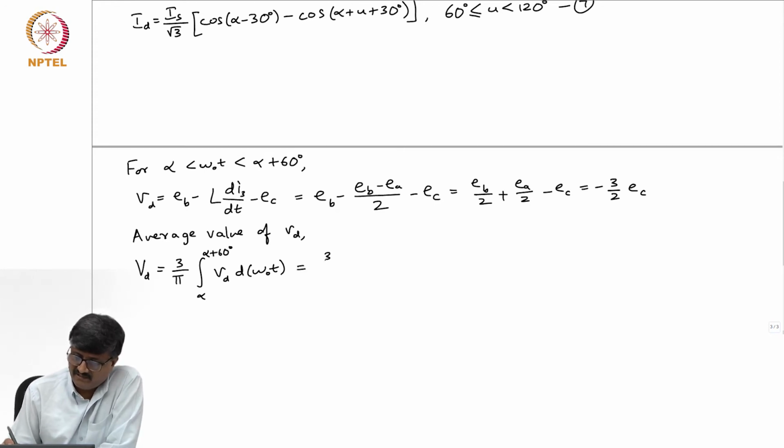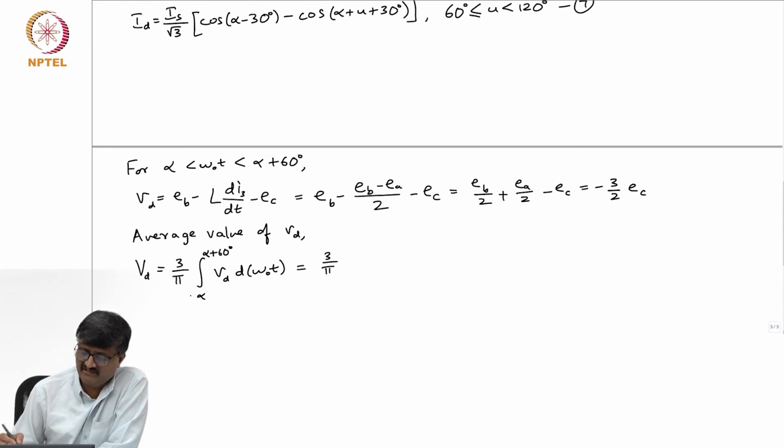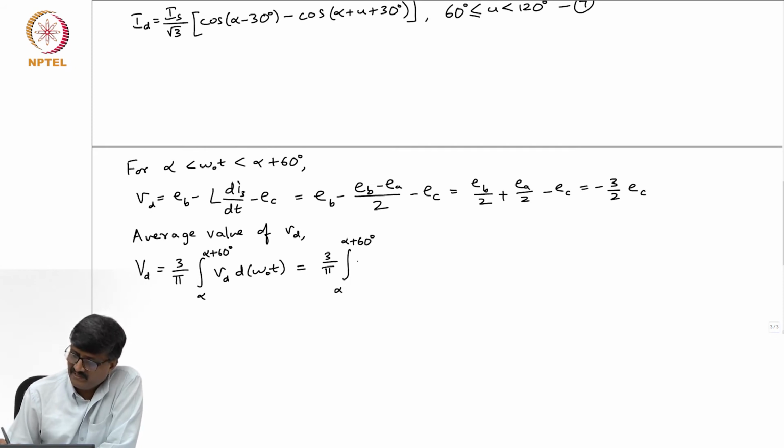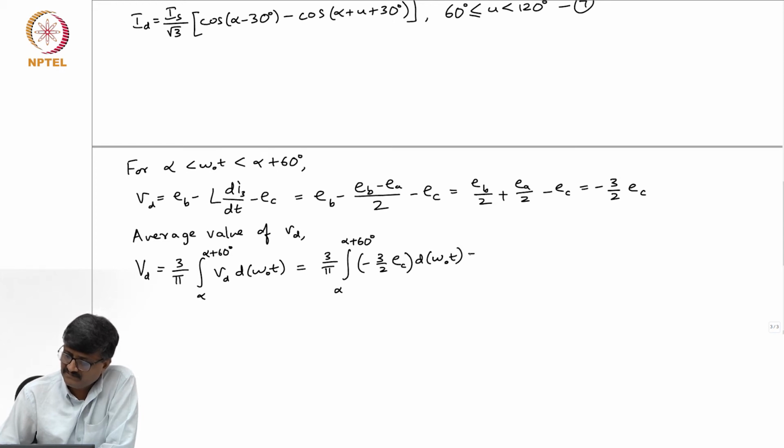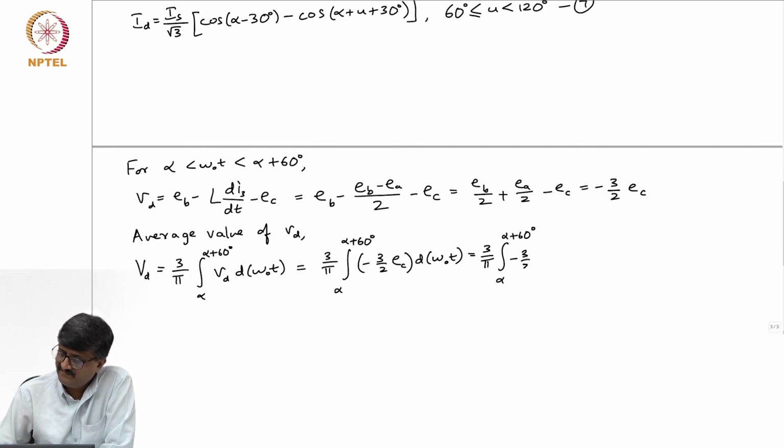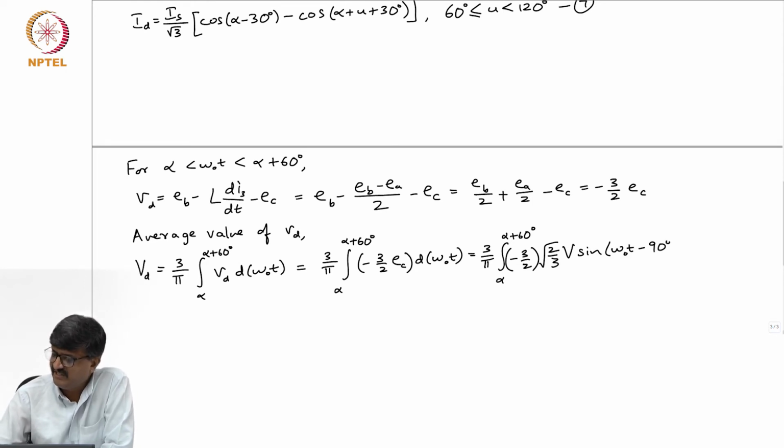then I know the expression for Vd. So just now I got the expression for Vd for alpha to alpha plus 60 degrees. So it is minus 3 by 2, so this is 3 by pi, alpha to alpha plus 60 degrees, minus 3 by 2 Ec, where Ec is root 2 by 3 V sine omega t minus 90 degrees.